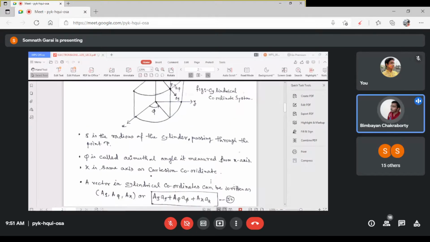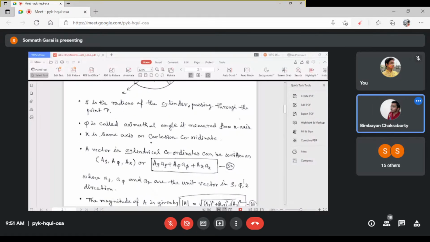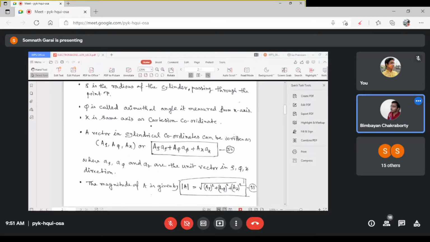Sir, you were showing us a perfume bottle, right? On that bottle, where is the X, Y, and Z? Like, where will you put the X, Y, and Z on the bottle?